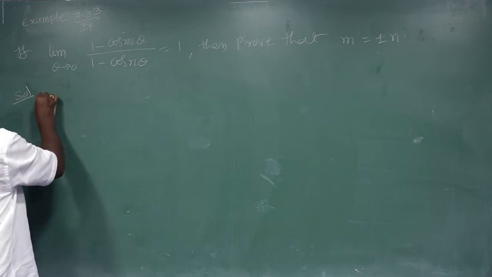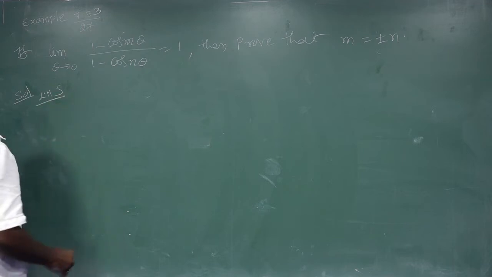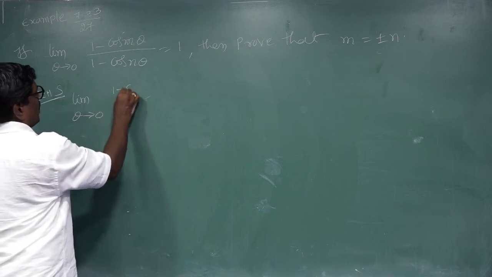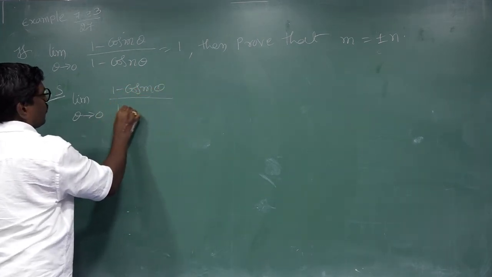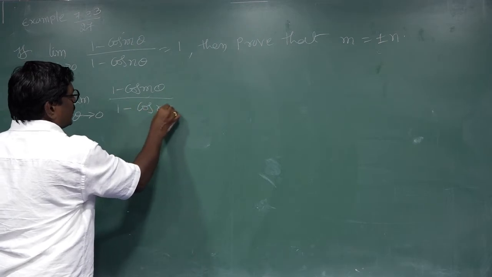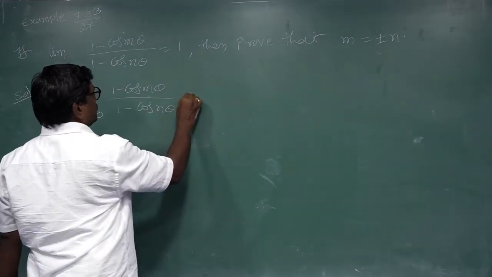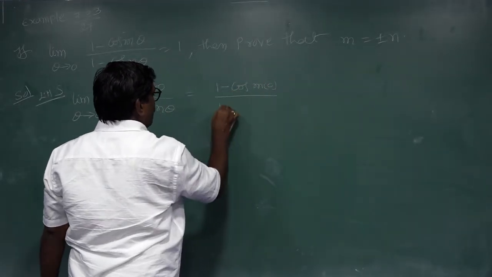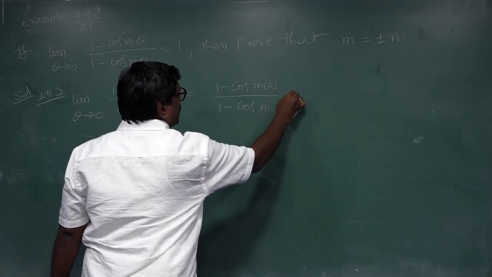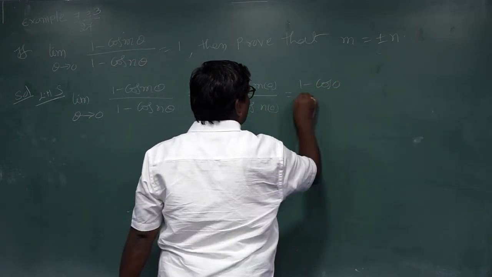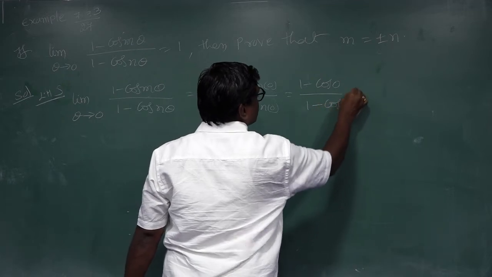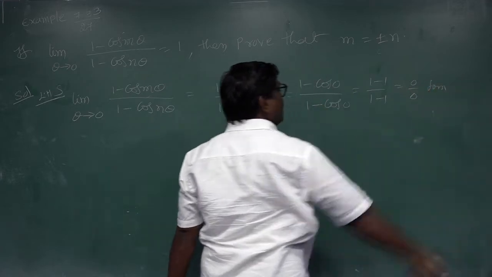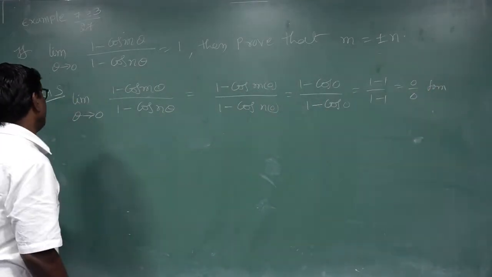Take the LHS equal to limit theta tends to 0, 1 minus cos m theta by 1 minus cos n theta. Replace theta by 0: 1 minus cos 0 by 1 minus cos 0, which is 1 minus 1, equal to 0 by 0 form. This is an indeterminate form.